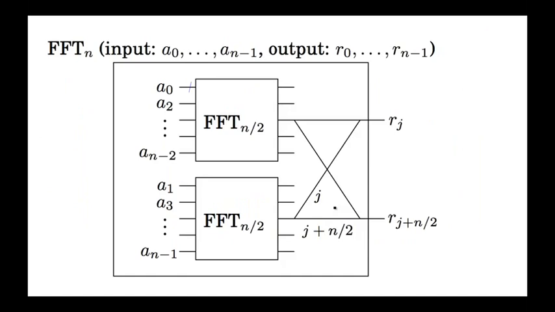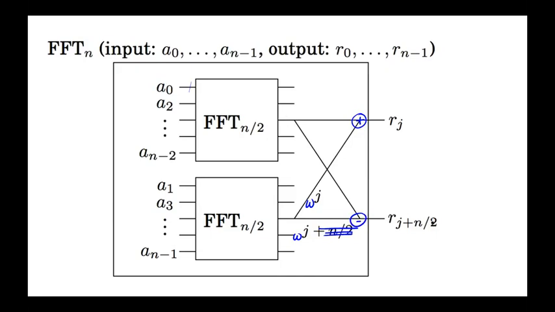And so if you think about it, what that means is you put this through the Fourier transform matrix, and now on the jth output you take the jth output from the bottom, multiplied by omega to the j, and you add these two values. On the bottom, what you do is multiply the bottom value by omega to the j, take this value and subtract this from that, and that's your output.